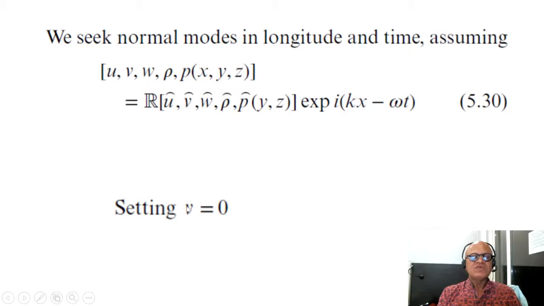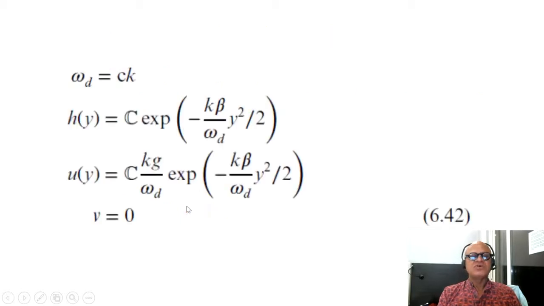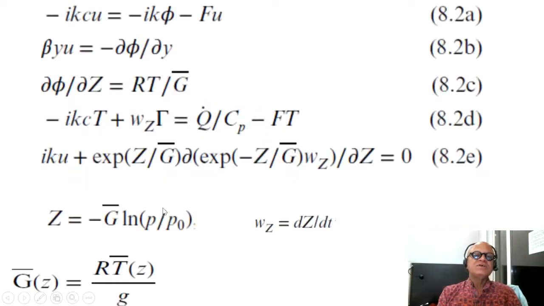For the Kelvin wave, we just set v equal to 0, so you end up with a Doppler shifted frequency in terms of gravity wave speed and k, the zonal wave number. We have the meridional structure in terms of beta and frequency and wave number, and you have the zonal speed associated with the wave given by this with v equal to 0.